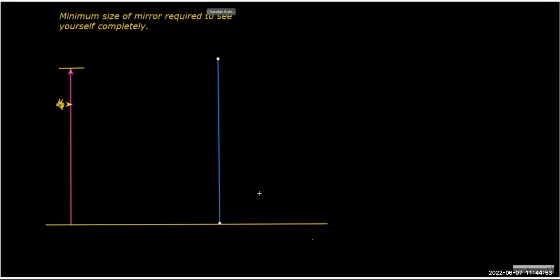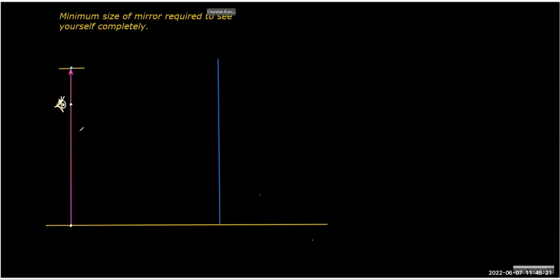The rule says that wherever it is, the light leaving the tip must come back to this eye level.